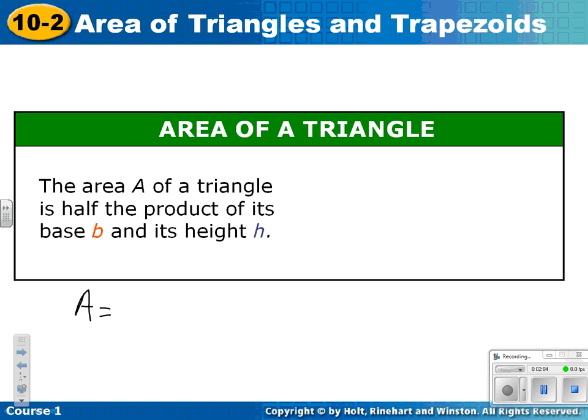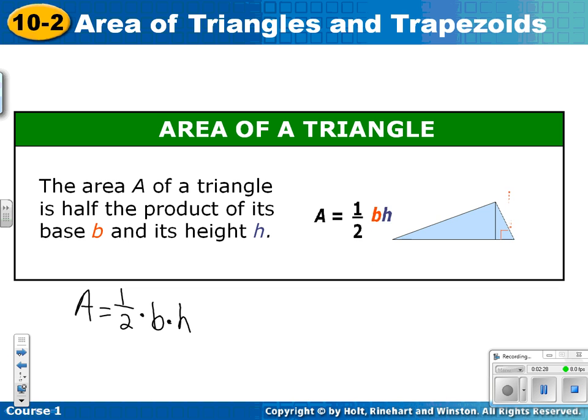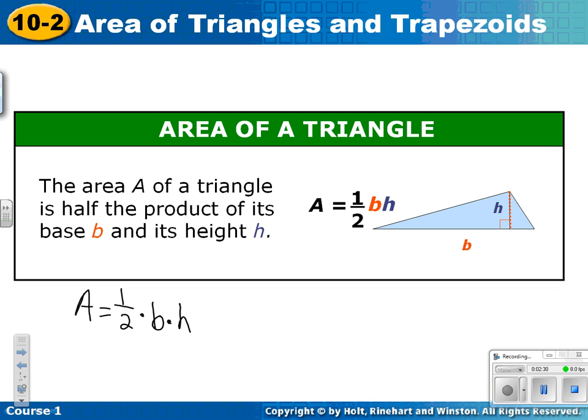Half the product. 1/2 times its base and its height. 1/2 times B times H. 1/2 the base times the height of a triangle. Let's see if that's right. That's how you find the area of a triangle, and I've written it over here on the board. A equals 1/2 times base times height.